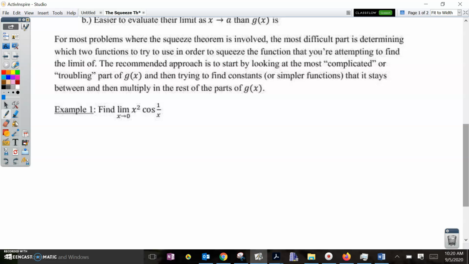So what we'll do instead is we'll look for boundaries for the cosine of 1 over x. And if you think about it, you should know that both sine of anything and cosine of anything oscillate between -1 and 1, which means that the cosine of 1 over x, no matter what it is, is in between -1 and 1.